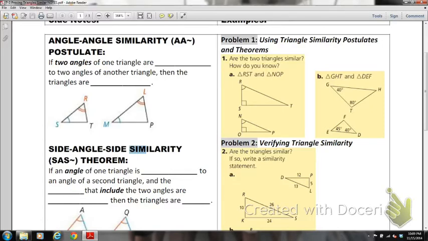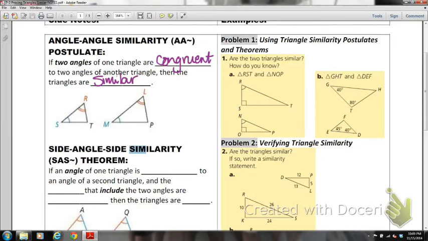The first postulate is the angle-angle similarity postulate. If two angles of one triangle are congruent to two angles of another triangle, then the two triangles are similar.